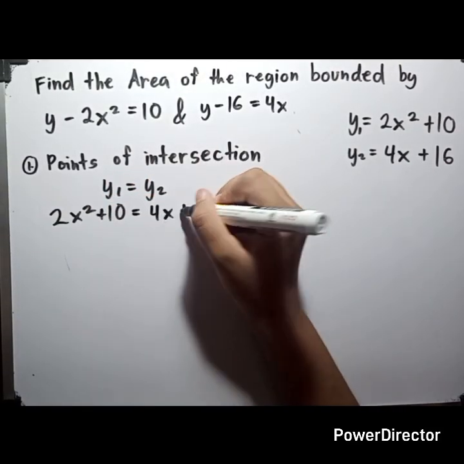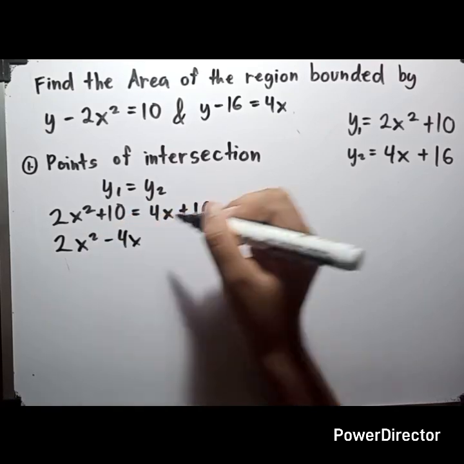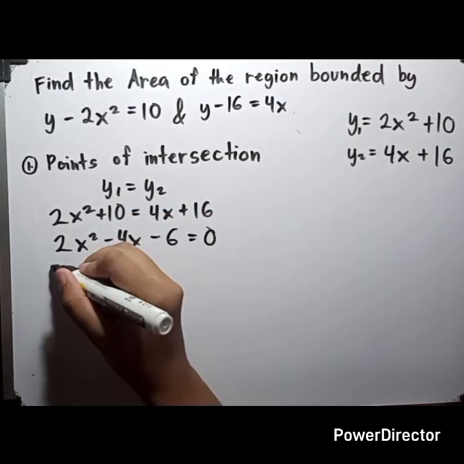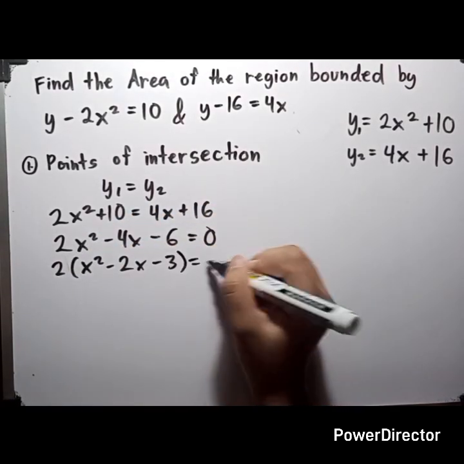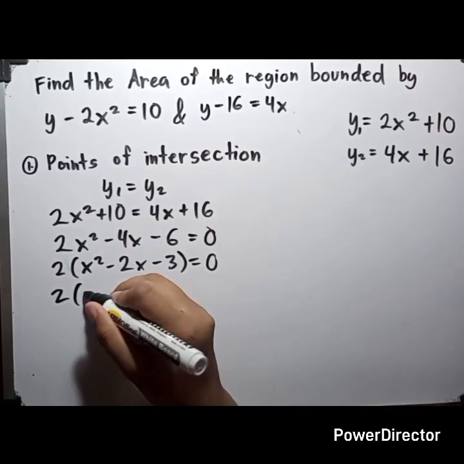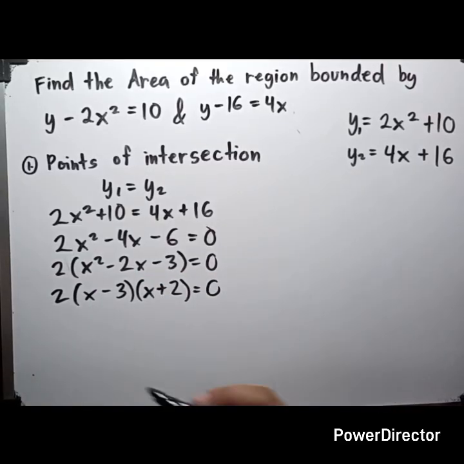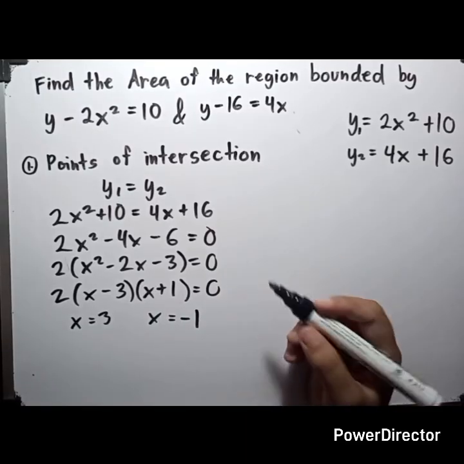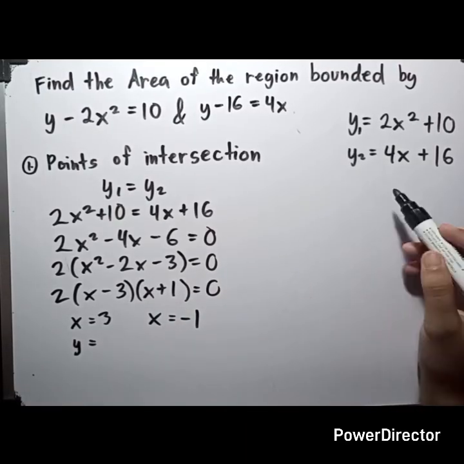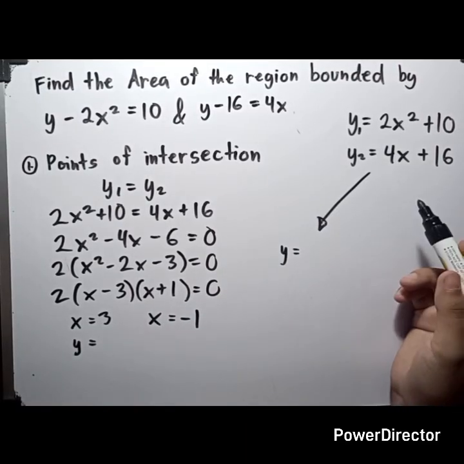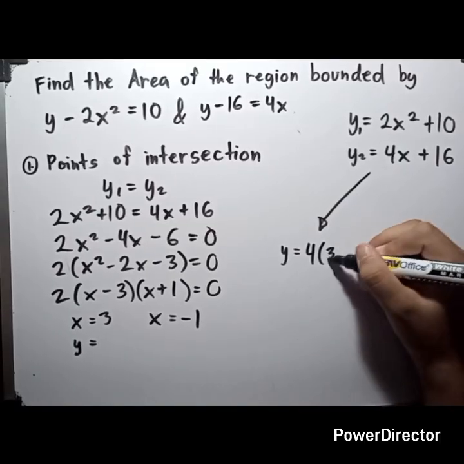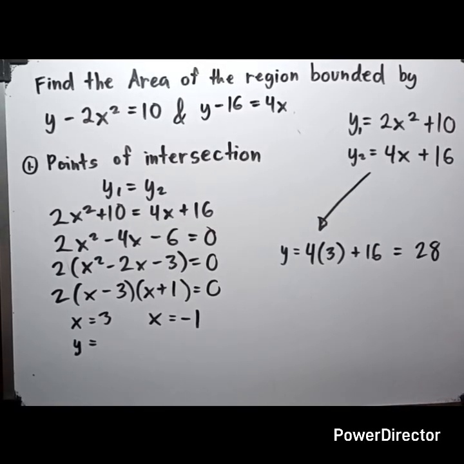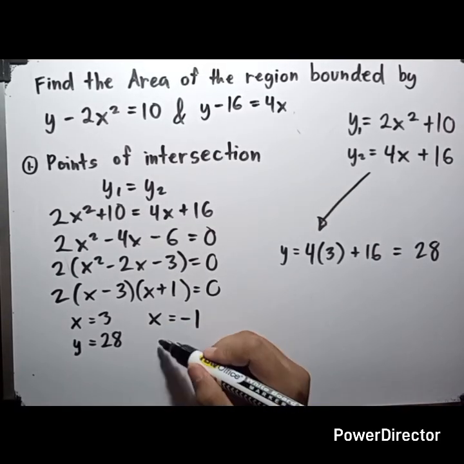Then we can input its equivalent. We have obtained the value of x. To get its value of y, use the given function to input the value of x. There we have obtained the value of y.